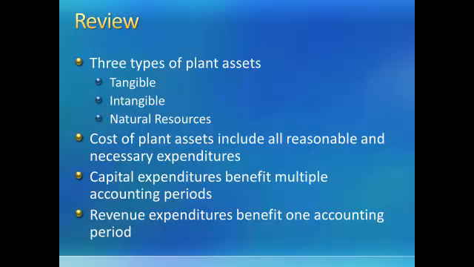Natural resources are those sites that we acquire to extract natural resources. The cost of a plant asset includes all reasonable and necessary expenditures. Capital expenditures benefit multiple accounting periods and are added to an asset account. Revenue expenditures benefit only one accounting period and are expensed as incurred.